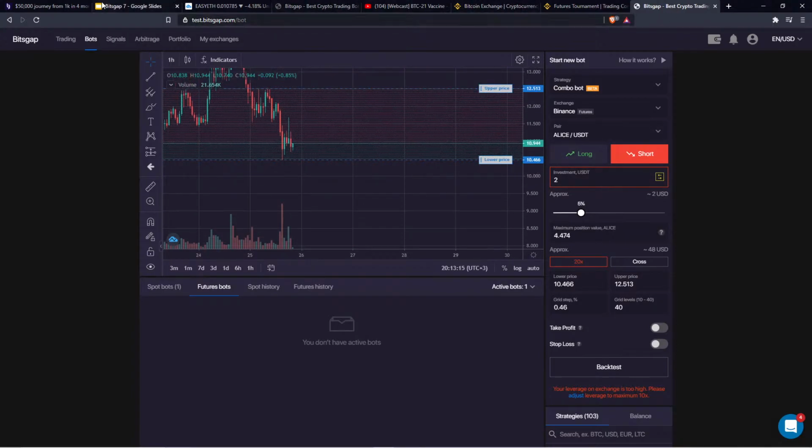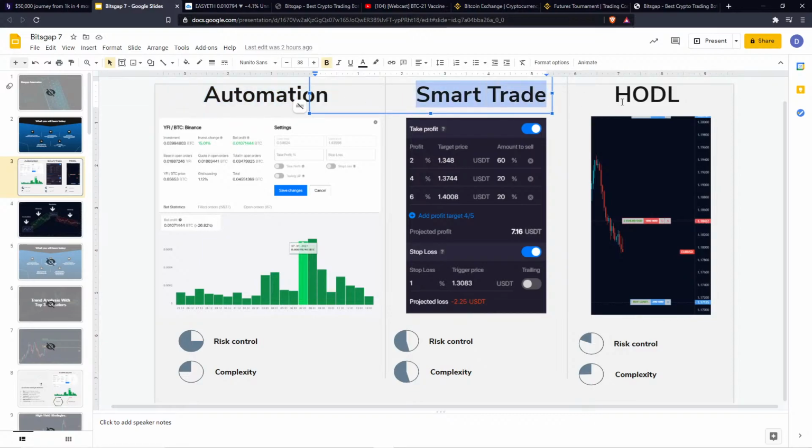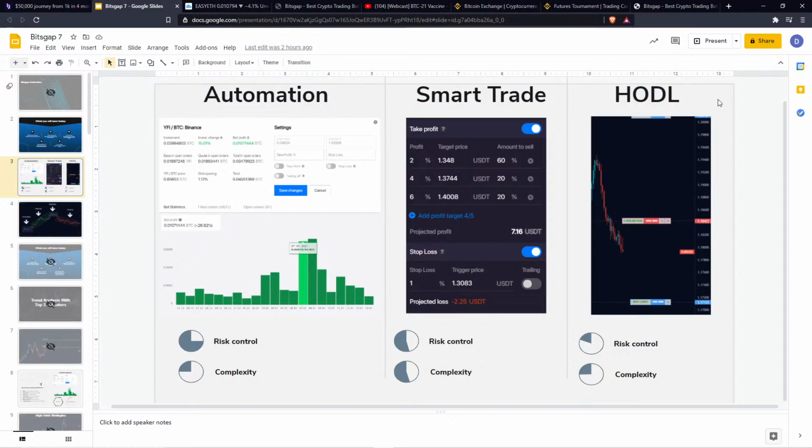So anyway, I hope I answered the primary question of today, and that is, what is the ultimate strategy for me? Based on my explanations and the learning curve that I provided you with, you have automation, smart trade, and HODL strategy to mix with. You can diversify with these strategies to have the best experience on the cryptocurrency market.